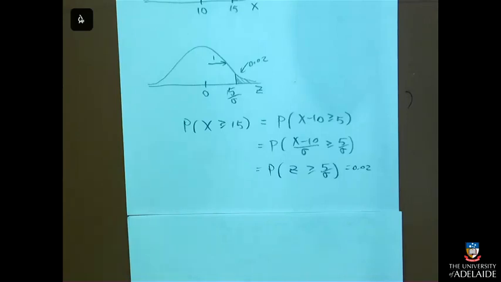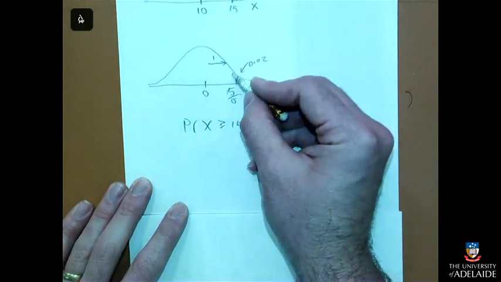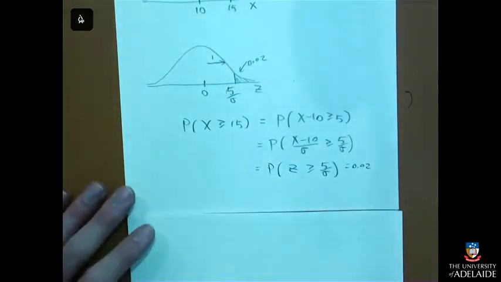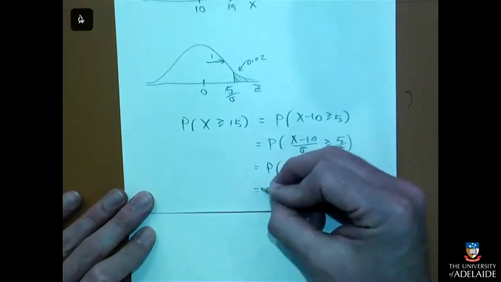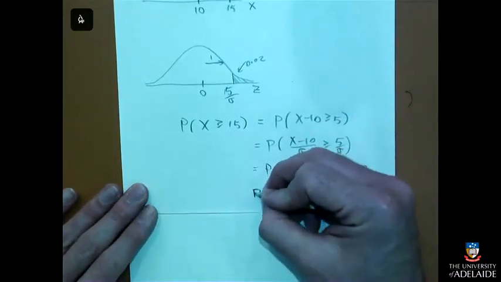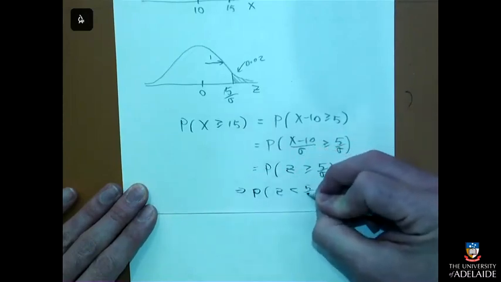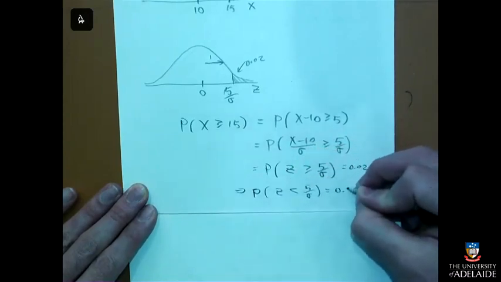So in order to use the q-norm function in R, I would need to use this probability here instead, because it only gives me the left-hand probability. Which means that the probability that z is less than 5 on sigma is 0.98.